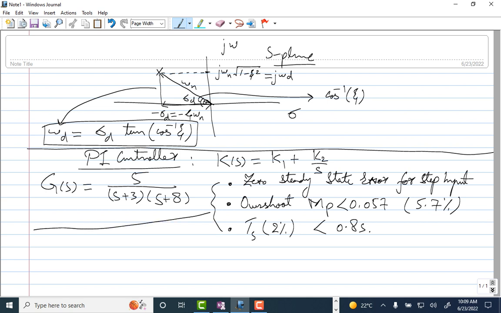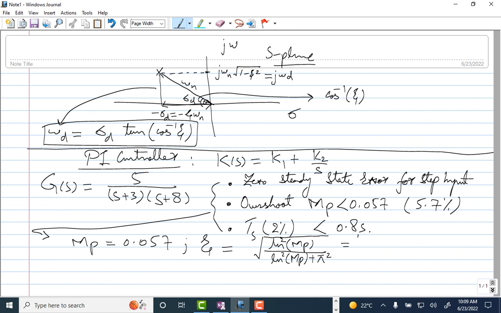From the first one, Mp equals 0.057, I can calculate zeta. If you remember, the formula for zeta is natural log square of Mp divided by the quantity natural log square of Mp plus pi square, all under square root.